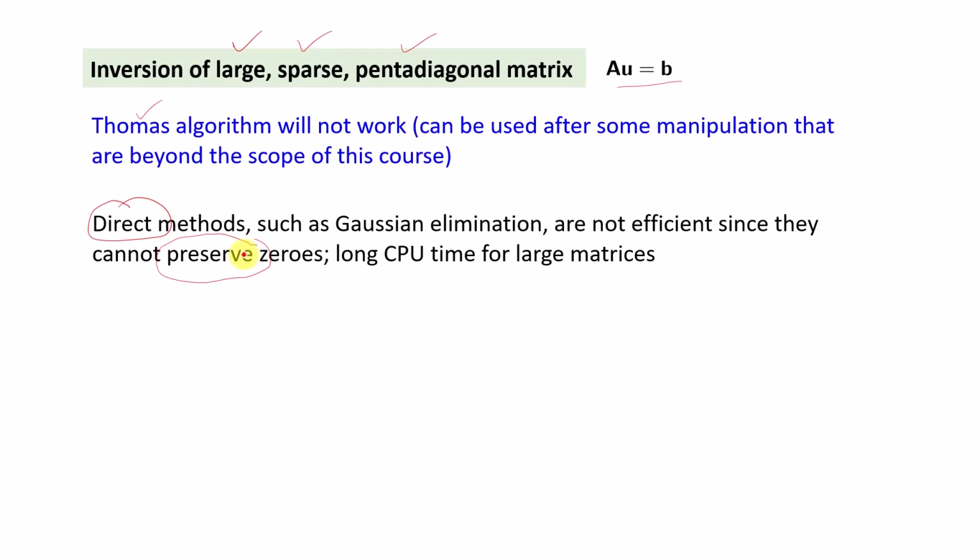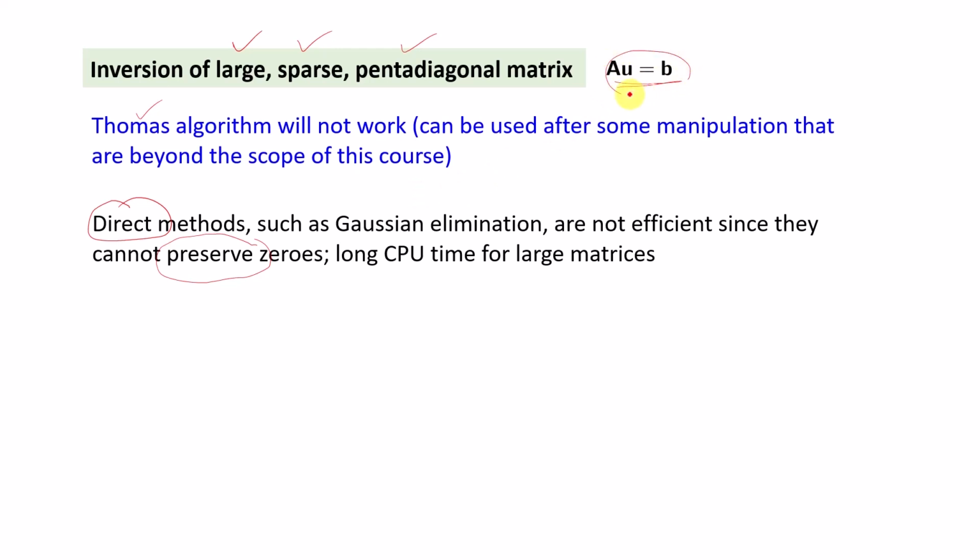A computer takes a long time when calculating with non-zeros as compared to zeros. So it's good practice to preserve zeros during calculation. Therefore, we need a method that will solve AU equals B but will not change the matrix.